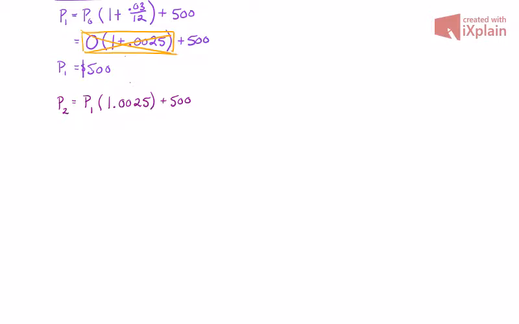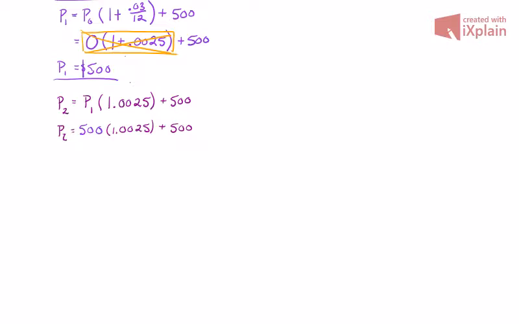But I know that p sub 1 is equal to the 500 that we found in the previous one. So p sub 2 ends up being 500, so I'm just substituting that in, times 1.0025 plus 500.